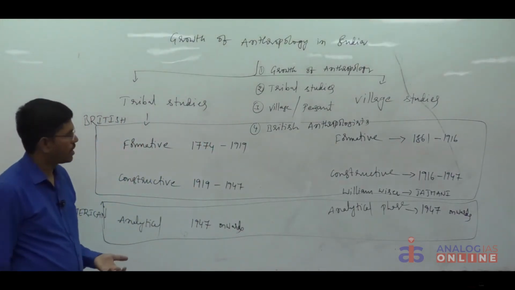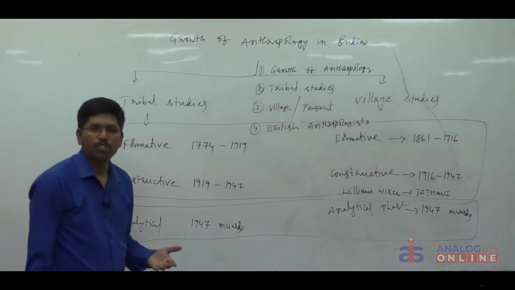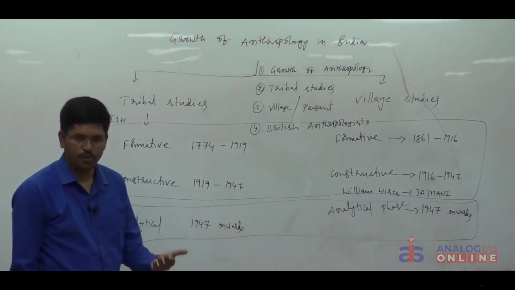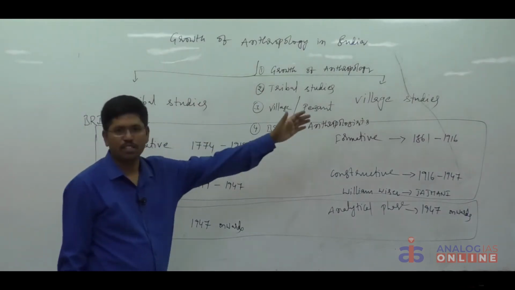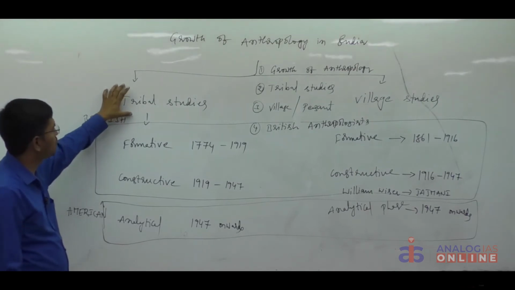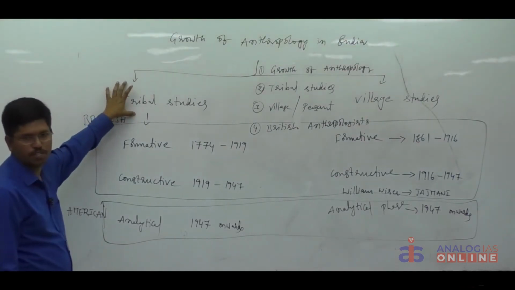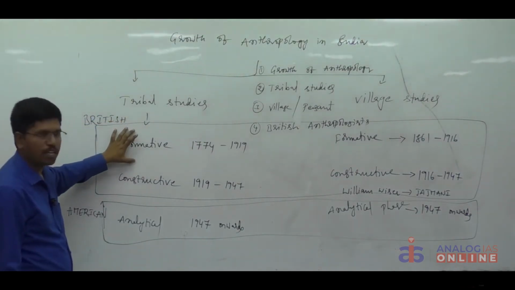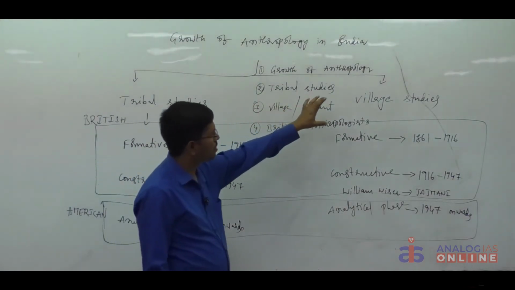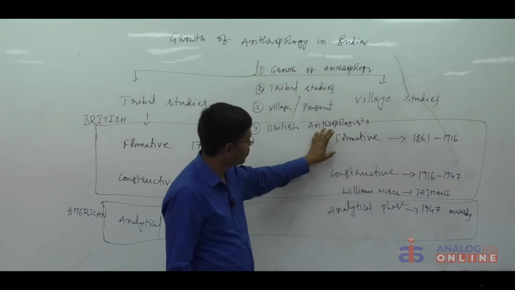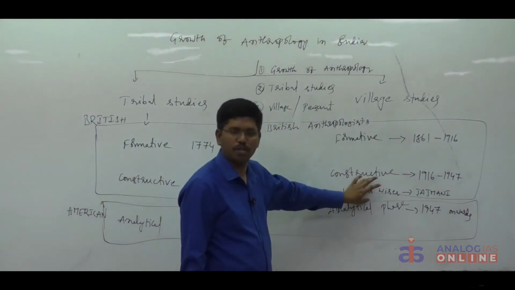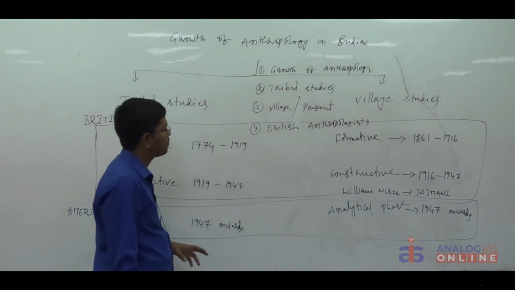Then you have to write like this: British anthropologists contributed for the growth of anthropology in India by contributing towards the growth of tribal studies as well as village studies. Then put a subheading, the contribution of British anthropologists for the growth of tribal studies. Then write about the formative phase, constructive phase. Then put another subheading, village studies, write about the formative phase, constructive phase, but avoid the name of William Wiser because he is the American anthropologist.